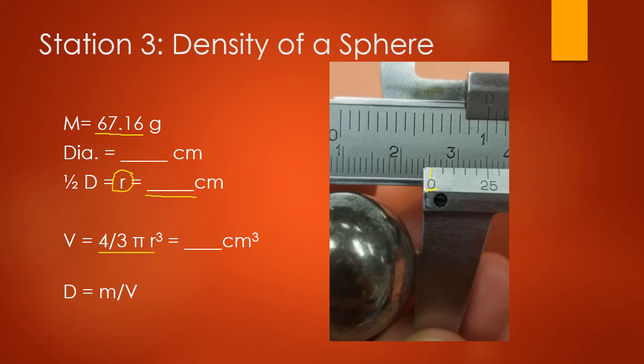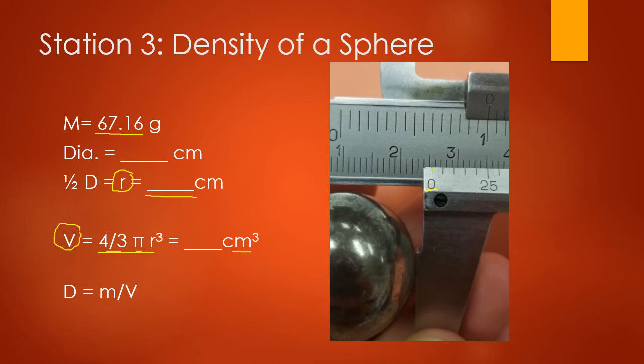So you're going to take whatever you calculated for the radius, cube that value, multiply that value by pi, and then multiply it by 4/3. This will then give you the volume in centimeters cubed.